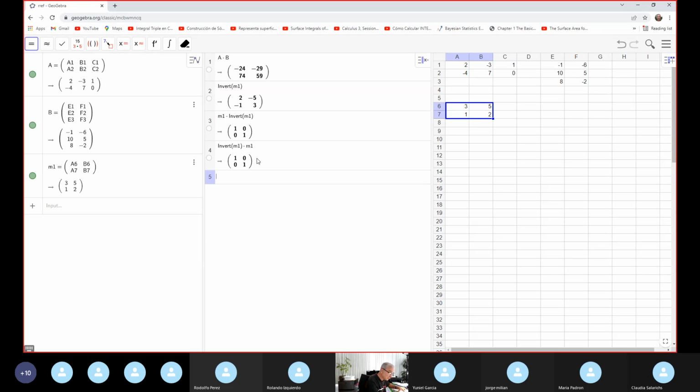System of equation using this new idea. Algebra of the matrix, and so on. Okay. Let's come back to the whiteboard.